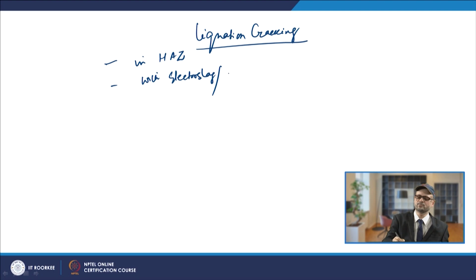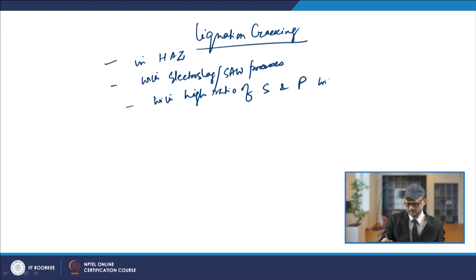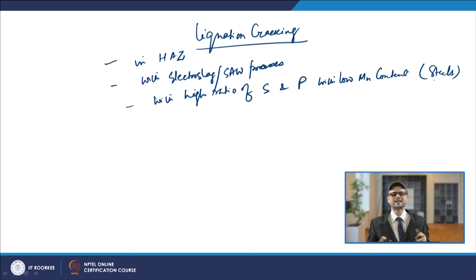So, they are high heat input processes, and also we had studied that in these cases you have a high ratio of sulfur and phosphorus with low manganese content. This is typically for steels. When this is the case, your liquefaction cracking becomes predominant.